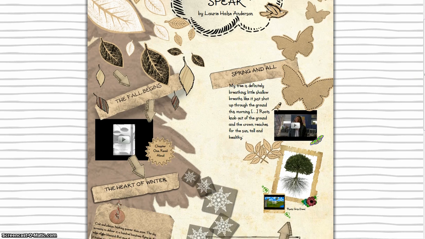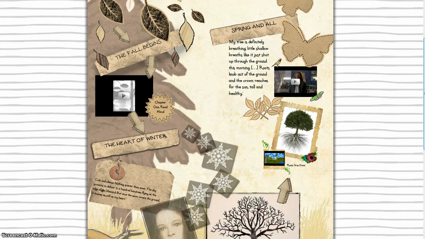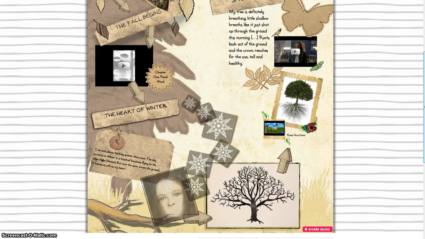Notice here, if you would, how I have in my Glogster here, I've not only used image, but audio, as well as specific quotations from the text that relate specifically, in this case, to winter. I've moved with arrows indicating that my hero's journey begins. The heart of winter ensues.